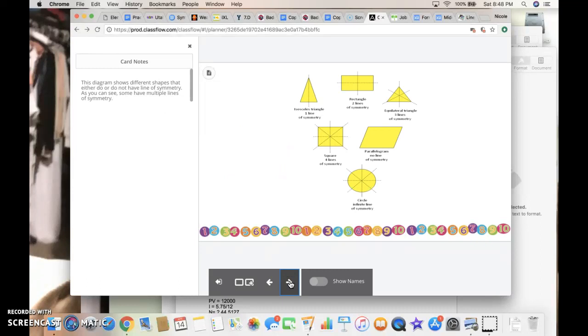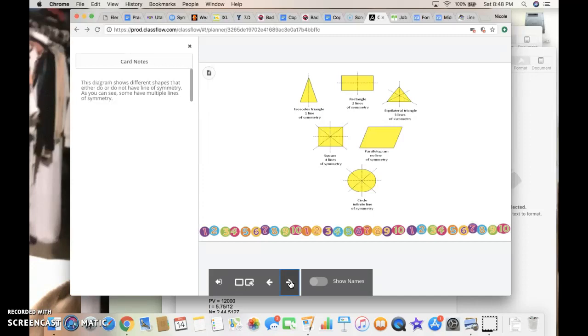So this is a diagram that shows different shapes that either do or don't have line of symmetry. And as you can see, some have multiple lines of symmetry, like the rectangle, it has 2, the equilateral triangle has 3, the square has 4, isosceles triangle just has 1, a parallelogram doesn't have any line of symmetry.